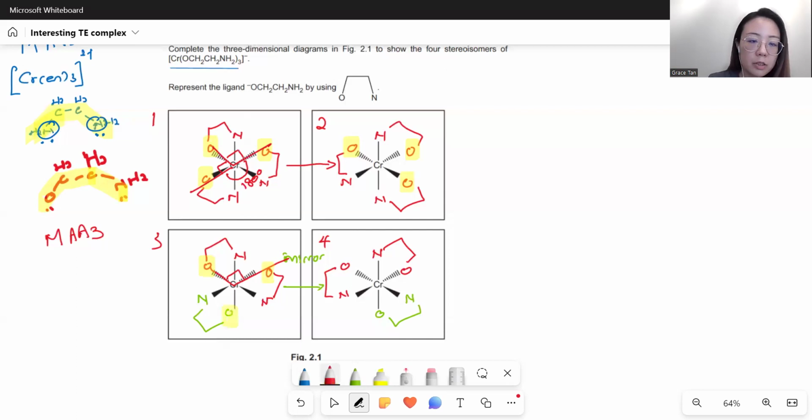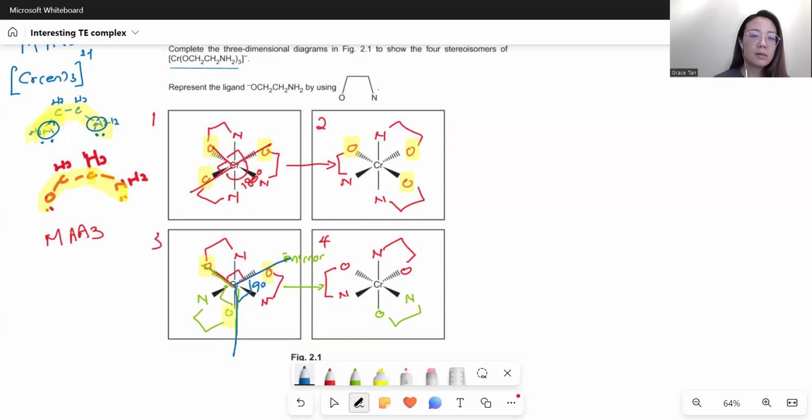What about these 2 oxygens here? These 2 oxygens are 90, correct? Now, what about these 2 oxygens here? These 2 oxygens are also 90. So we can see here the 3 oxygens in the 3 bidentates are aligned 90 degrees among each other. And of course, isomer 4 will follow with all 90 degrees.